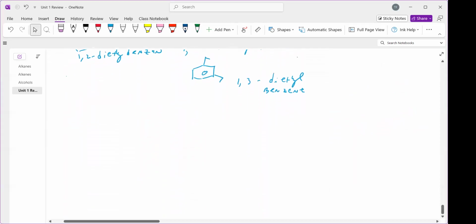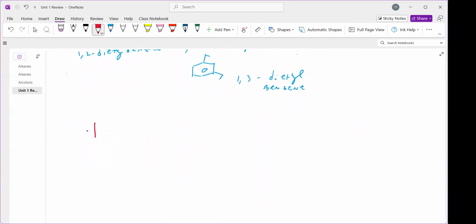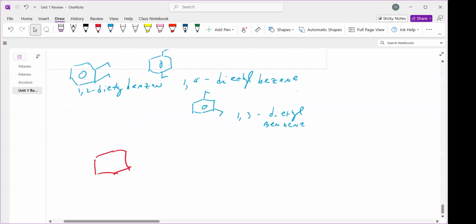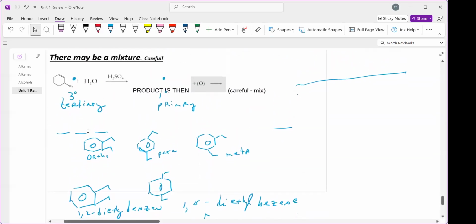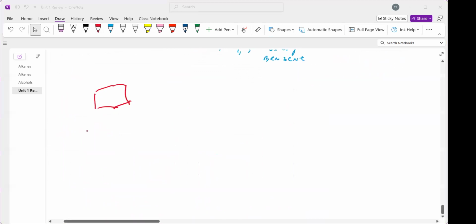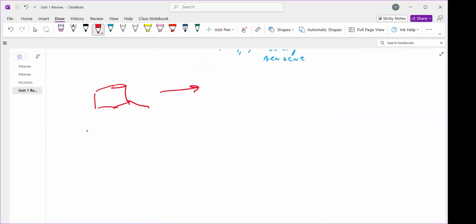So we're starting with water and an acid. Okay, and that gives us a mixture.